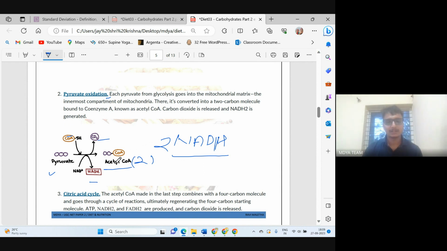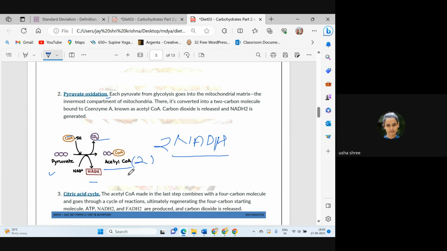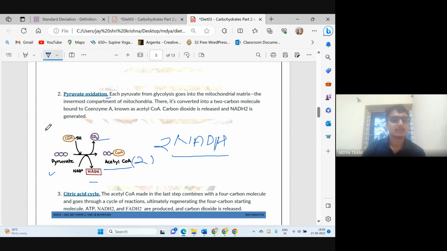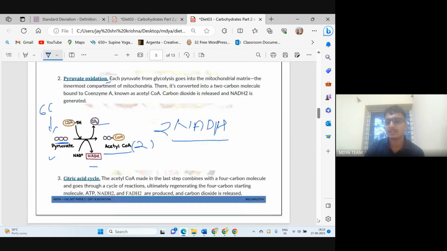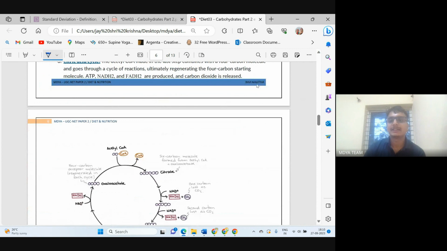It is only because the step happens twice. Glucose is a 6-carbon compound, and from it two molecules of pyruvate are produced. Pyruvate is a 3-carbon compound. So two pyruvates produce two NADH and two acetyl coenzyme A.